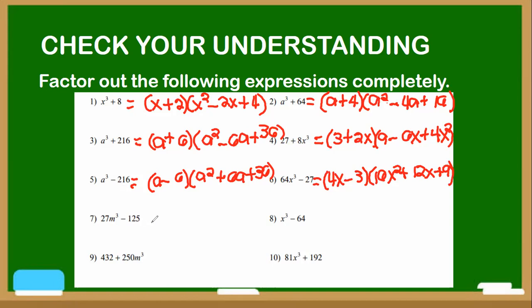Number 7. If you're going to factor this out, this will be 3m minus 5 multiplied by 9m squared plus 15m plus 25.